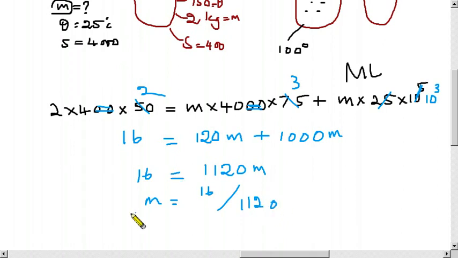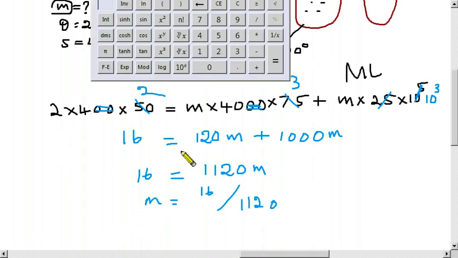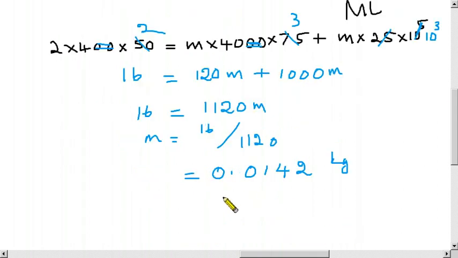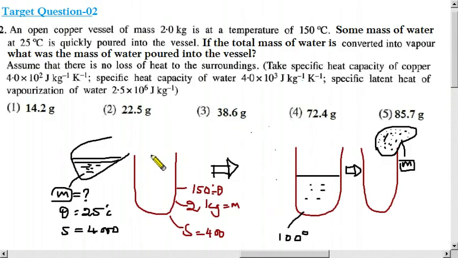1120. So I am using the calculator, you are not allowed to use the calculator. So you have to manually divide. 0.0142, units kilogram. So if we multiply it by 1000, we get the amount in gram, 14.2.